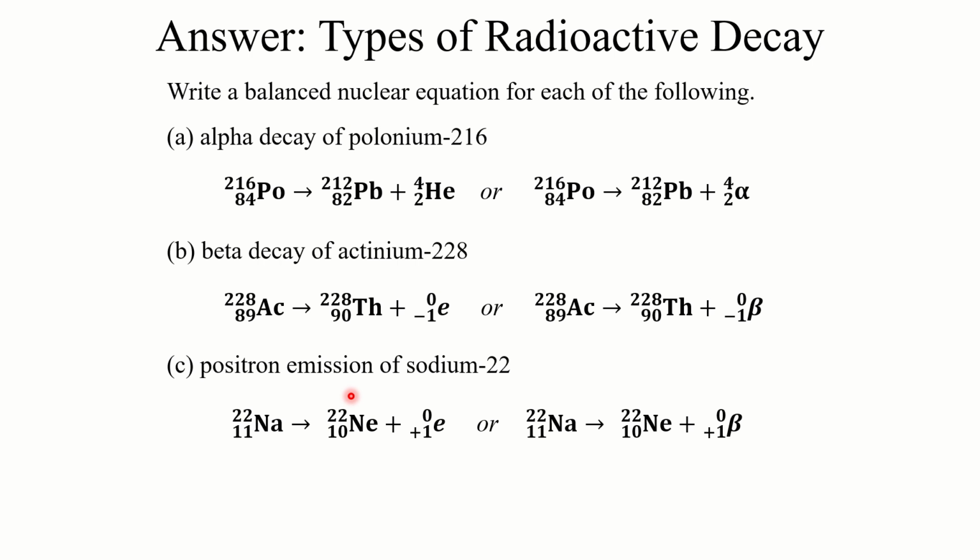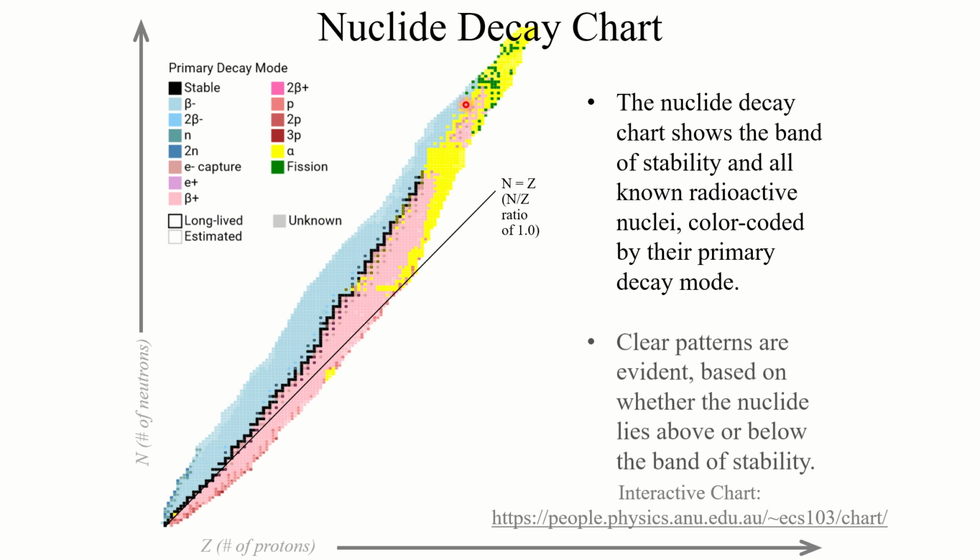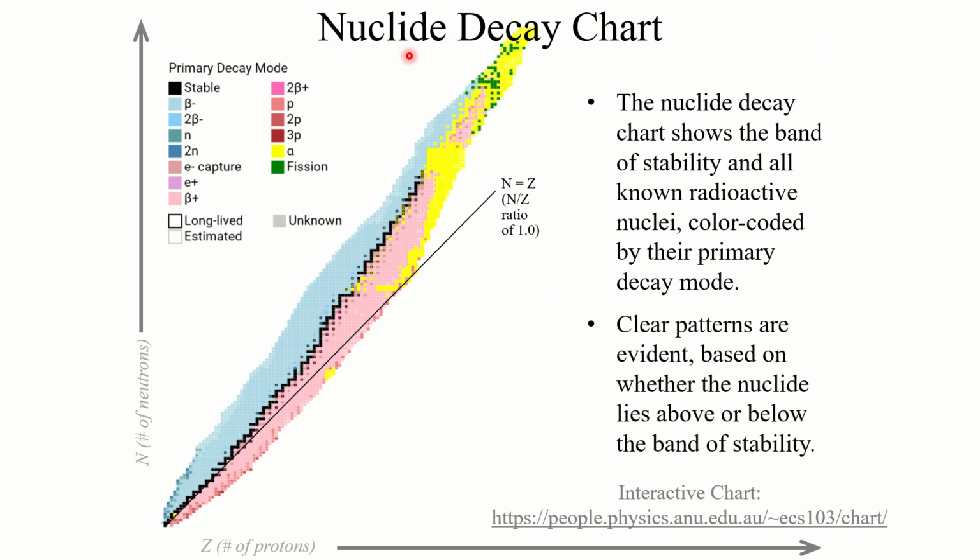Now let's go back to the band of stability. We're going to look at the band of stability with reference to the nuclide decay chart. The nuclide decay chart here shows the band of stability. Here it's represented by black dots going up the middle relatively. It also shows all known radioactive nuclei color-coded by their primary decay mode.